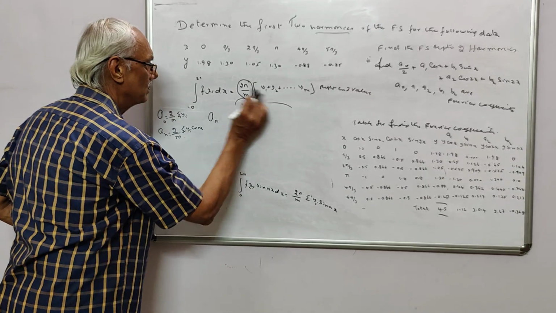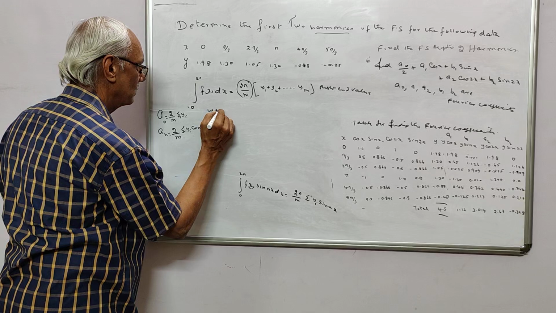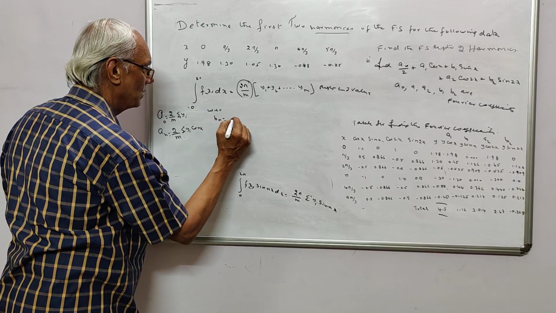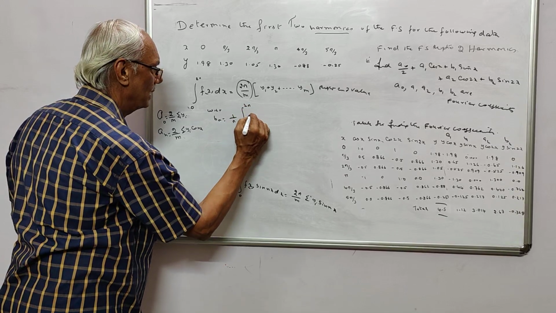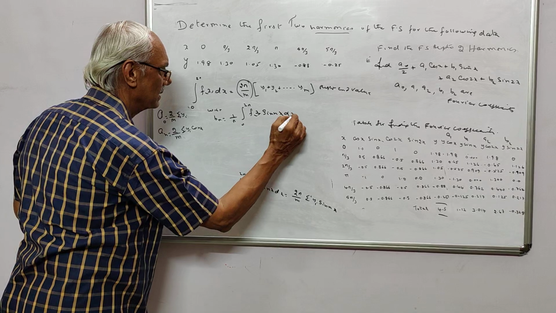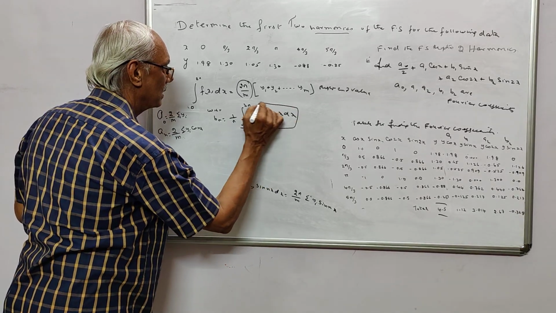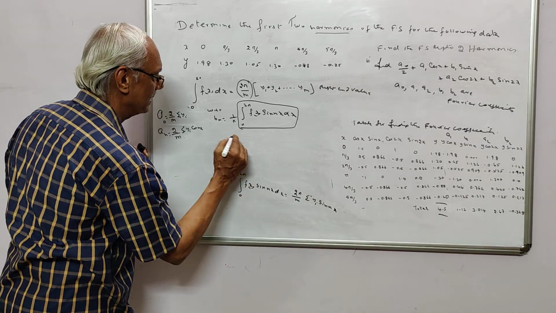We know that bn is 1 by pi, integral from 0 to 2 pi of f of x sin nx dx.